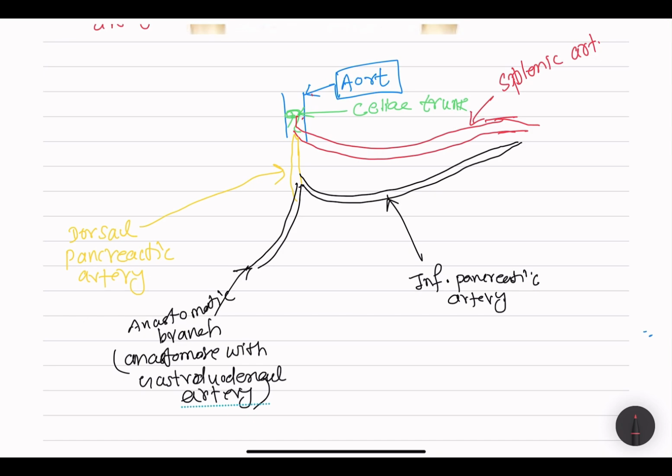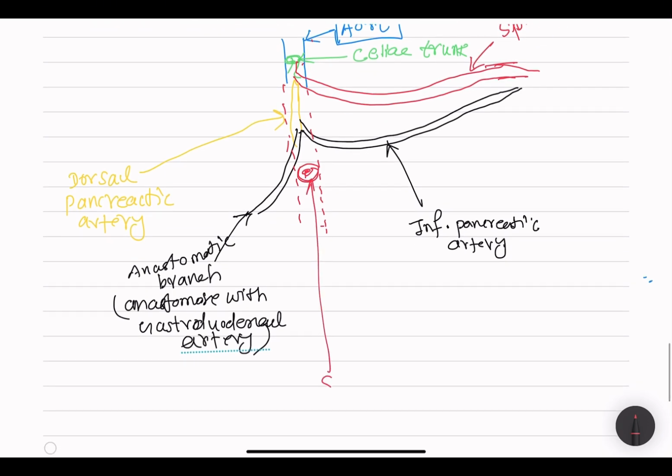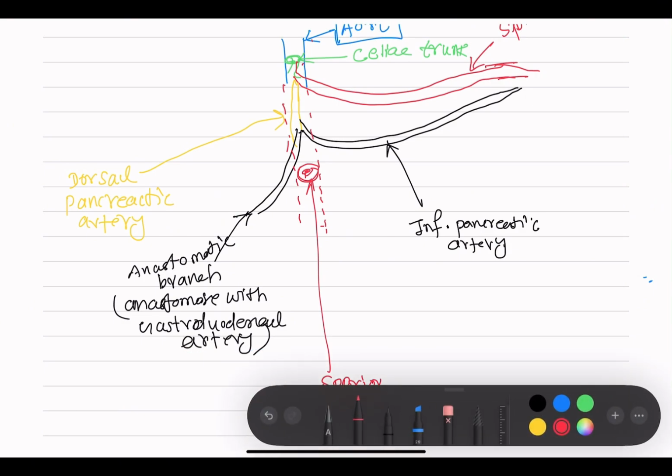Same like this is the aorta, this is the coming aorta also. Here the superior mesenteric artery, so it's important to know this one, so it will be easy to understand.